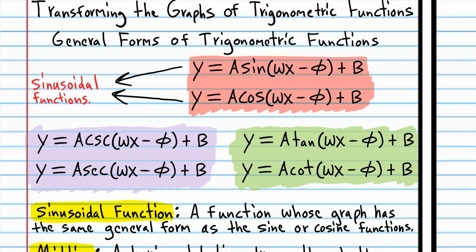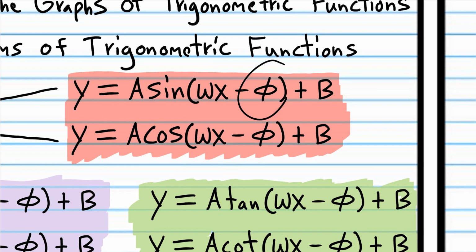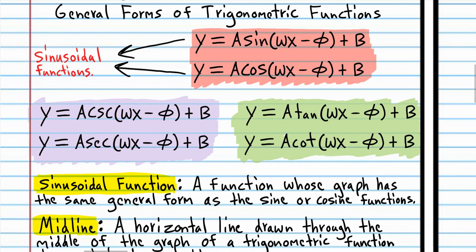So you can see that we have omega and b and a, and all these numbers are going to correlate with a number of transformations in the basic graphs. And this is a new Greek letter. It's called phi. You can pronounce that phi.